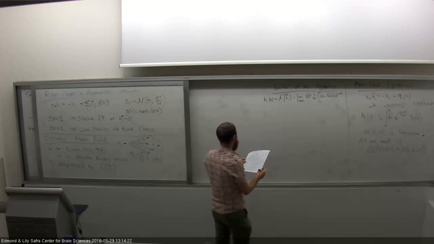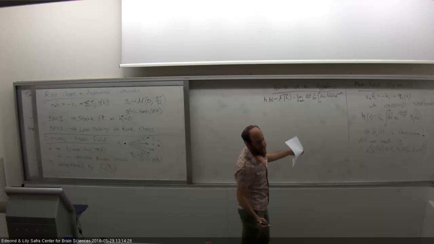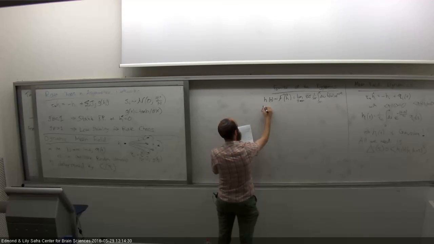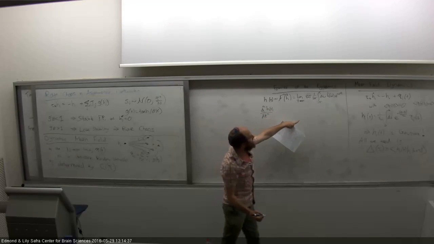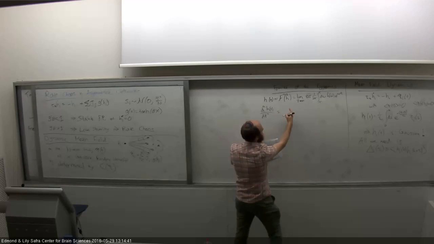What I'm going to use here is that I want to know about the time derivative of h, and I'll do it in a general form: the nth time derivative of h, d t to the n. I'm going to use this form of the inverse Fourier transform because in this case the time derivative can go in.